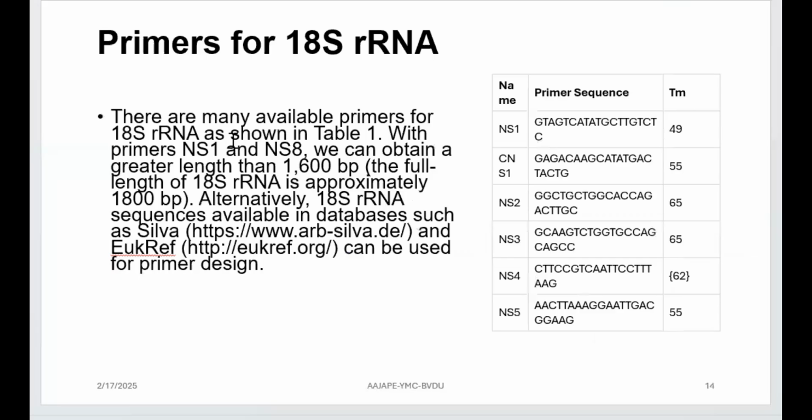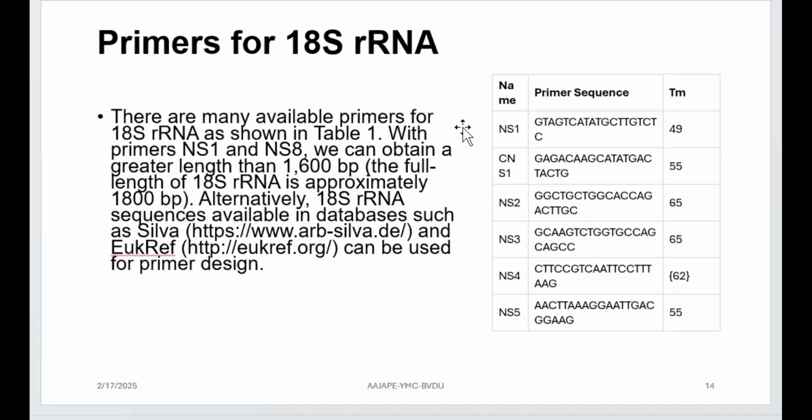Now, primers for 18S rRNA sequencing. There are two things: 18S rRNA sequencing is one, and second is ITS region profiling. We are talking now about primers for 18S. The most common primers are NS1 and NS8. We can obtain a length greater than 1600 base pair, as the full length of 18S rRNA is approximately 1800 base pair.